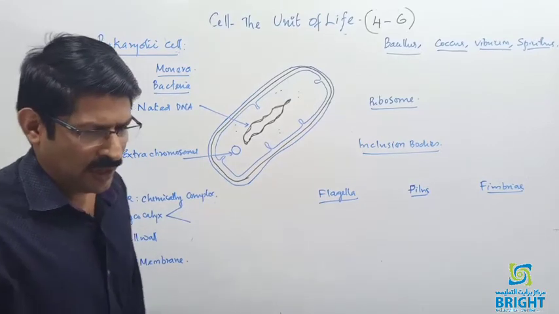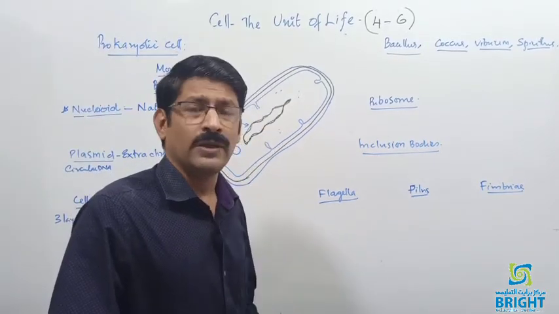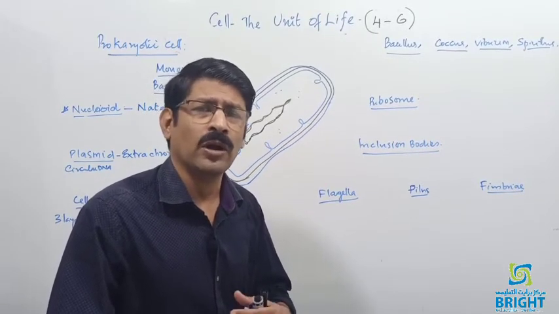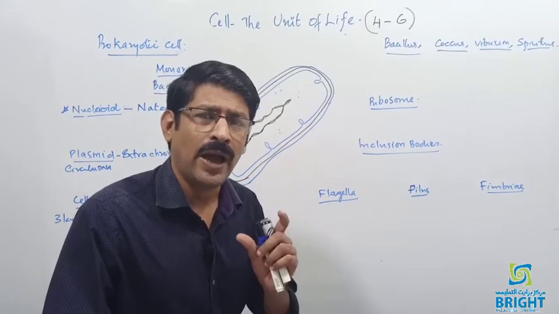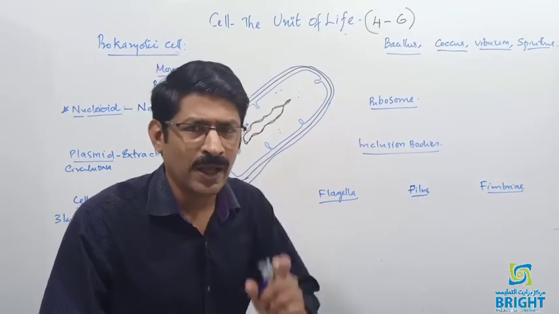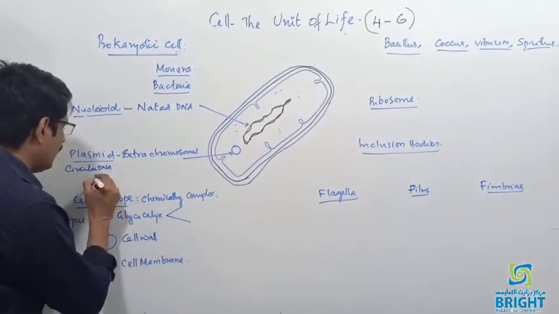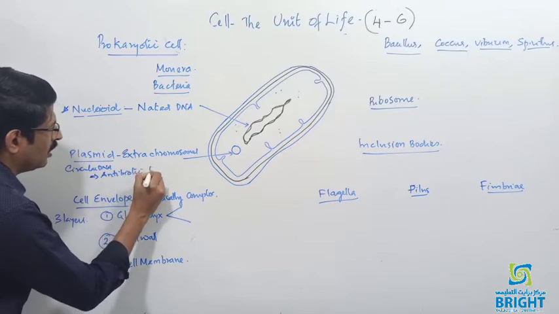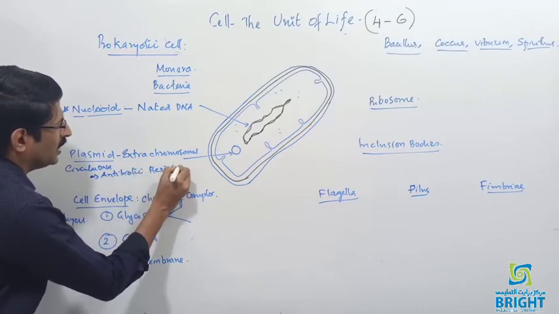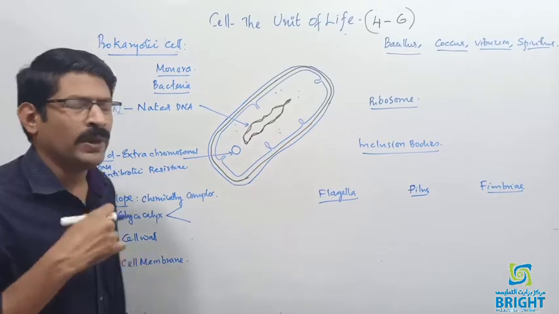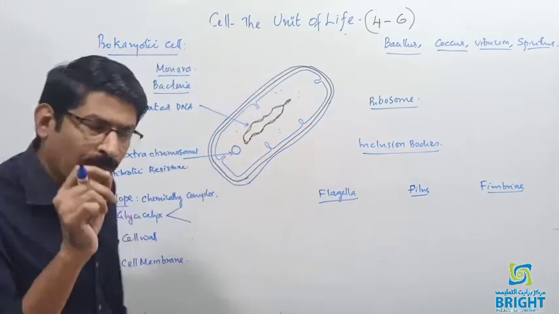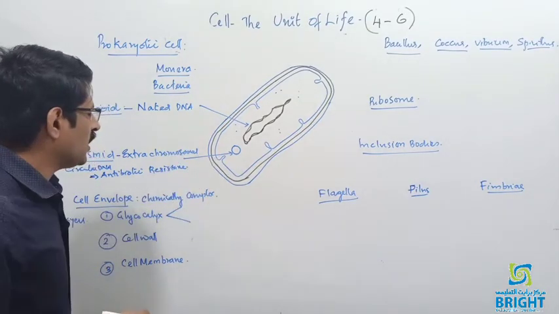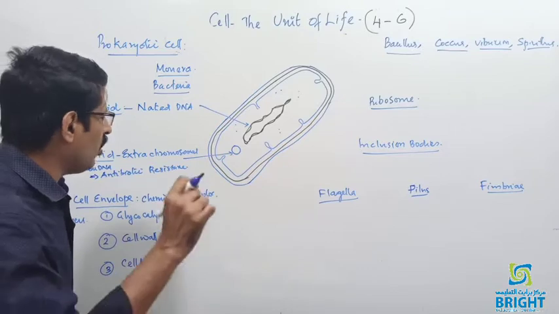We have studied in the chapter Biotechnology that we use plasmids for rDNA technology or recombinant DNA technology or genetic engineering as cloning vehicle. Plasmids also provide antibiotic resistance, and they provide specific genetic or sexual behavior to the bacteria. So plasmids are the extra chromosomal circular DNA present in the bacterial cell.